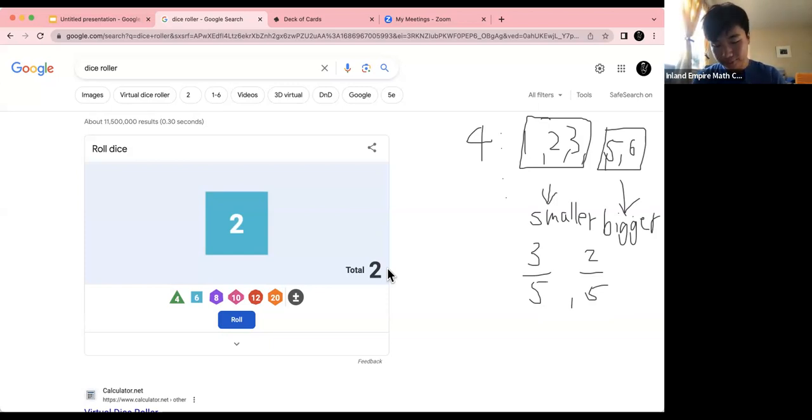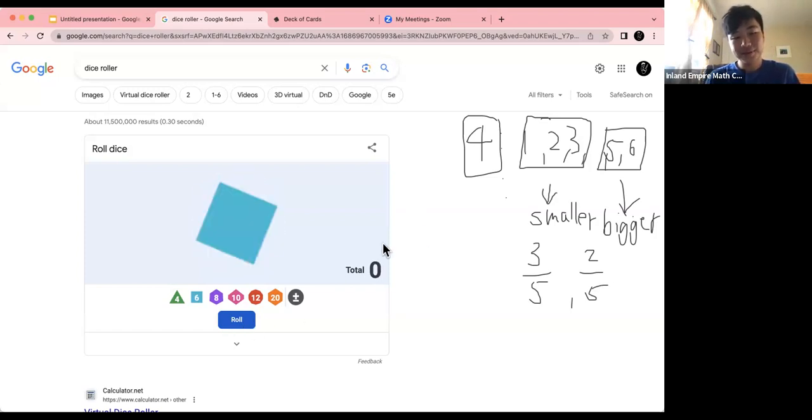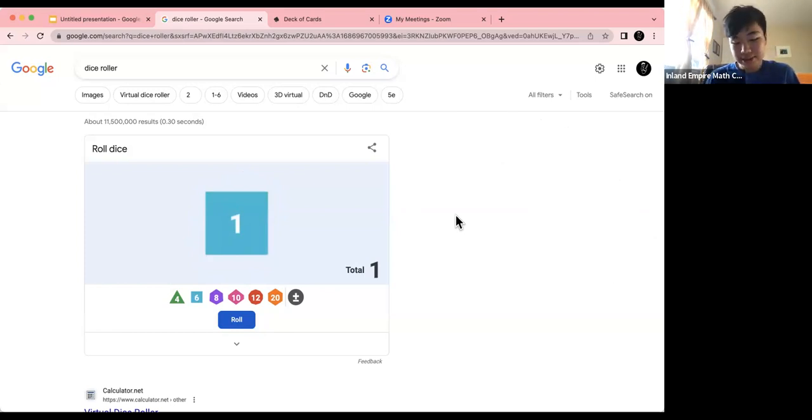So what this means now is that we have a 3/5 and a 2/5 chance, but this is only if we rolled a 4. Well, what about if we rolled a 2 or something else? We can try a different one. Oh, it's another 4. But if we say rolled a 1, then let's look at all of the possibilities that can happen. So if we rolled a 1, then it can be a 1, a 2, a 3, a 4, a 5, or a 6.